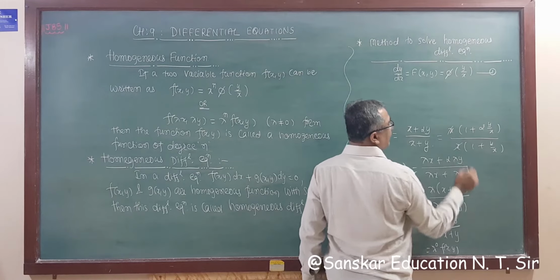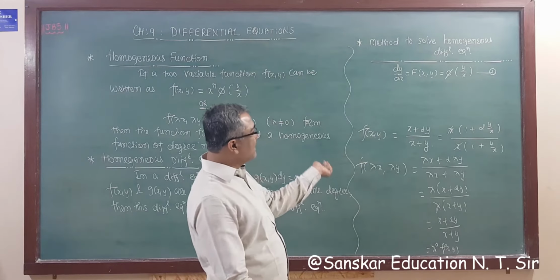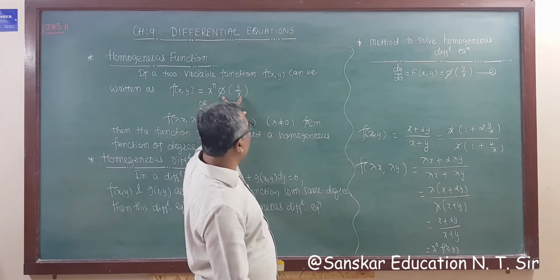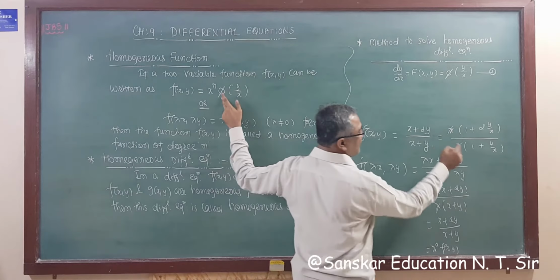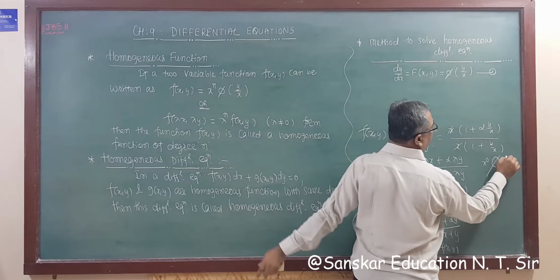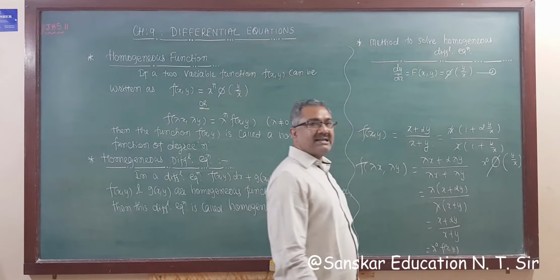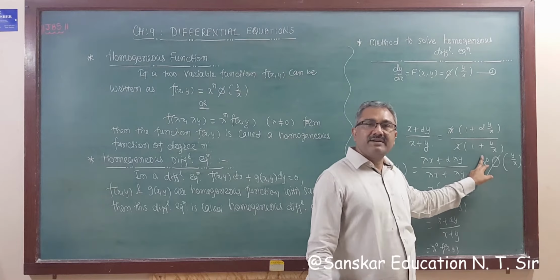This x will be cut. So now this is only a function of y by x, and the power of x is 0. So this is a homogeneous function with degree 0.